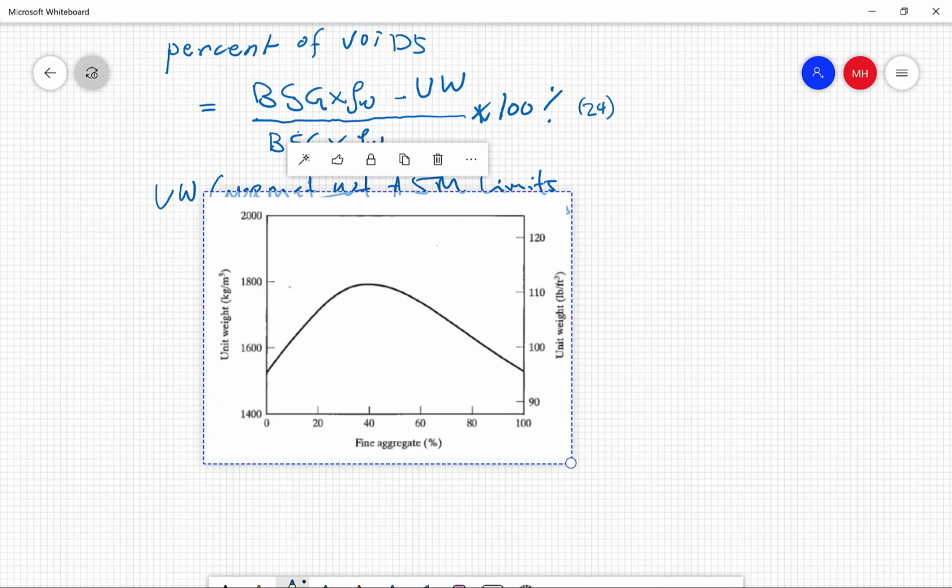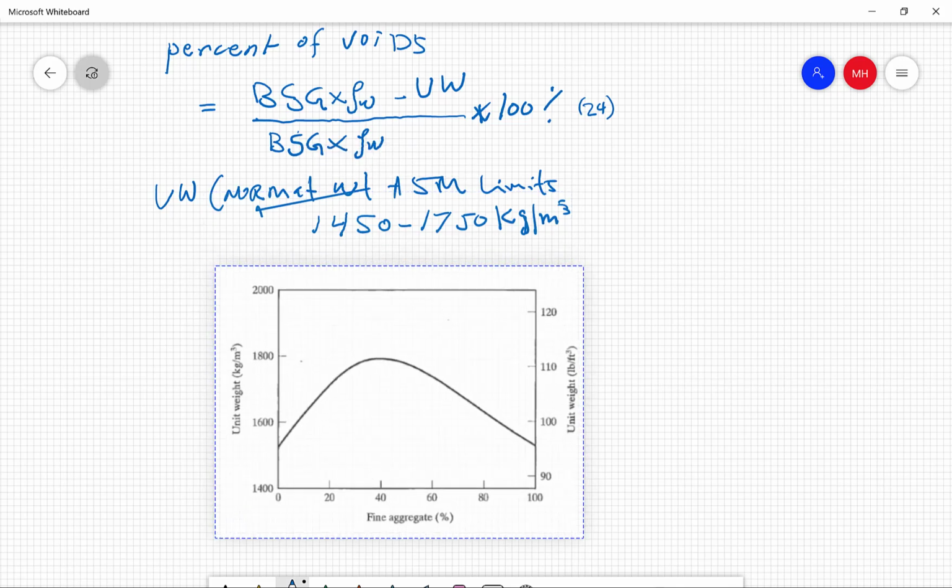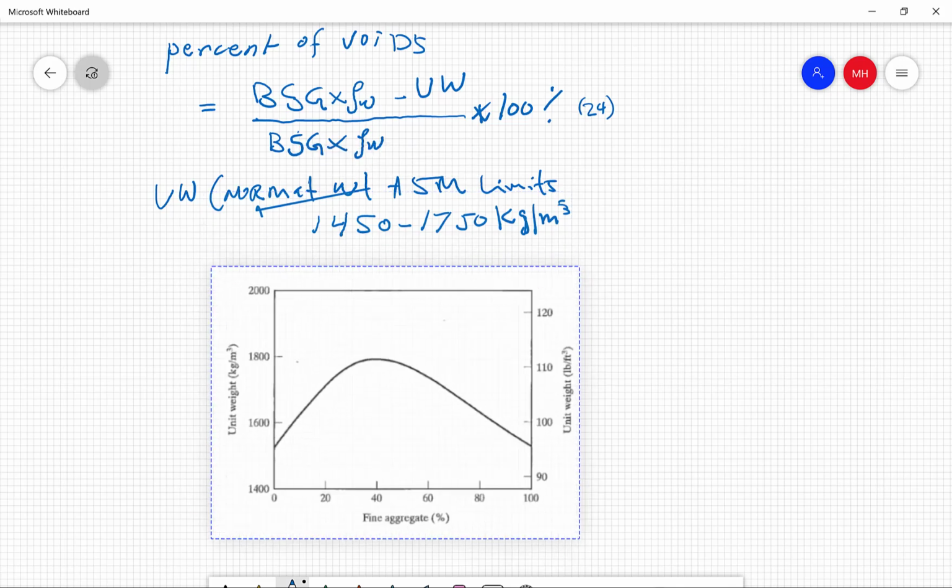The range of the normal weight aggregates falls in this range right here.